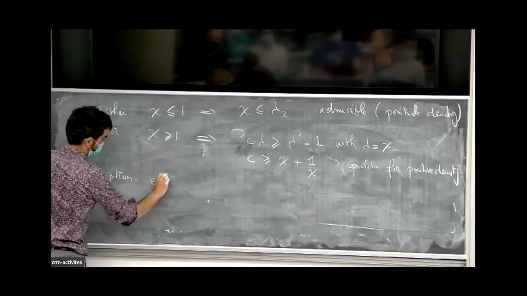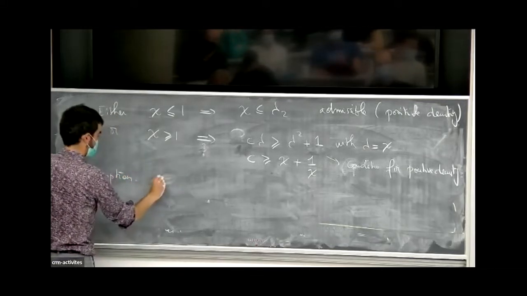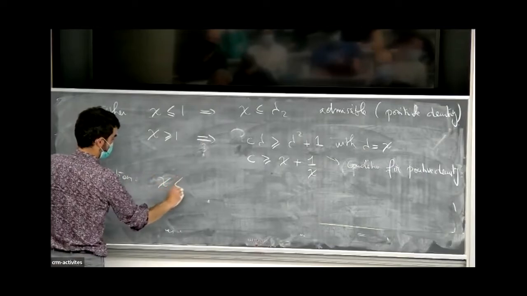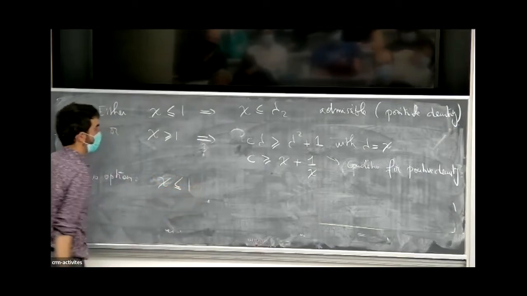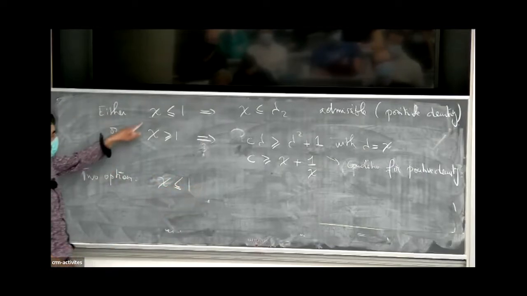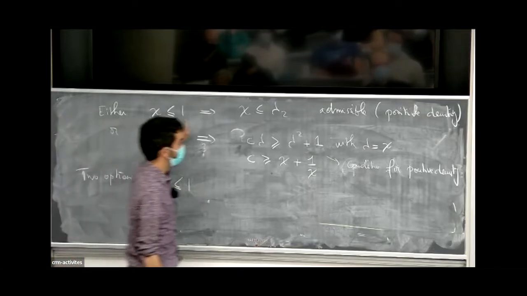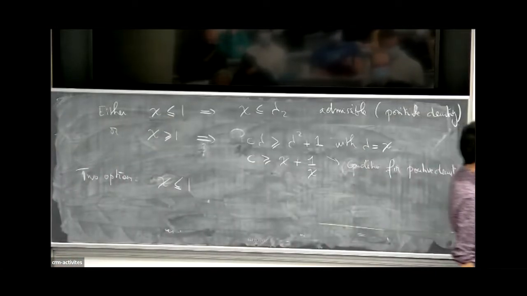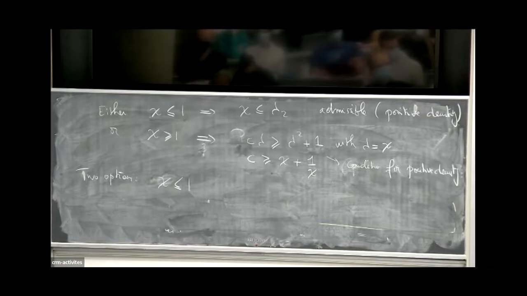Either, so my first option, let's say, is chi less than 1. So in this case, I can always guarantee that this construction makes sense. Perfectly fine. So I have a good proper candidate when C is larger than 2. But I also have a good candidate when C is equal to 2, because I have this condition here.